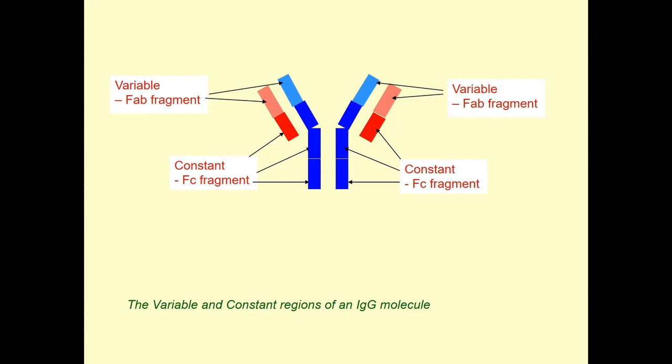The constant region is referred to as the Fc region, and this makes up most of the remaining antibody molecule. You can see the majority of the antibody molecule does contain constant regions in both the heavy and the light chains here. And this constant region of the antibody molecule is responsible for the biological activity of the antibody.